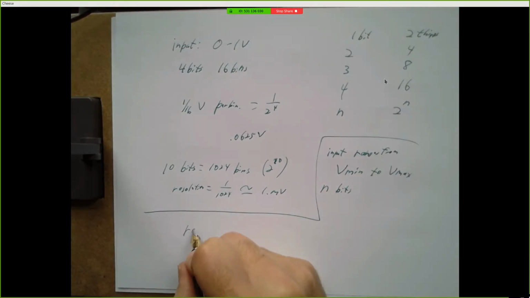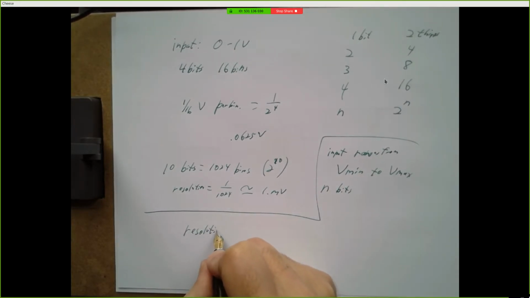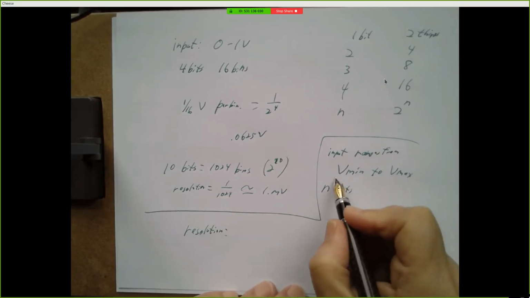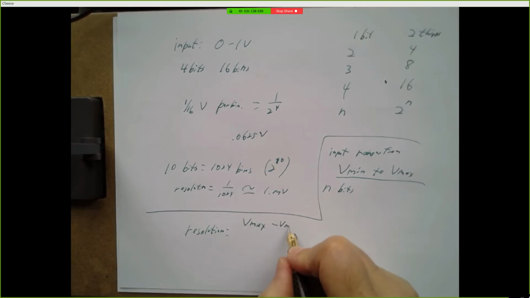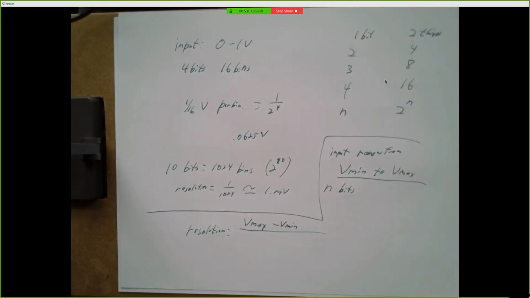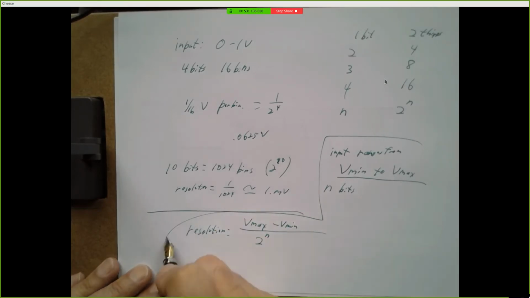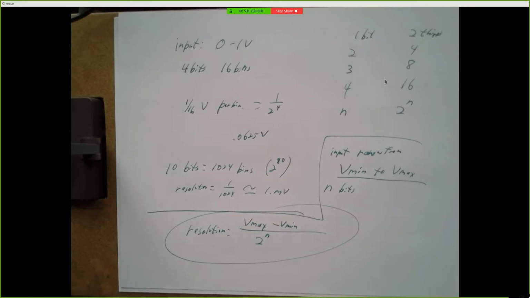Then your resolution is the total voltage range you're trying to represent, which is the difference between the max and the min, divided by the number of bins, which is 2 to the n. So that's the formula you'll find in the book for the resolution of an n-bit analog to digital converter if your input ranges between Vmax and Vmin.